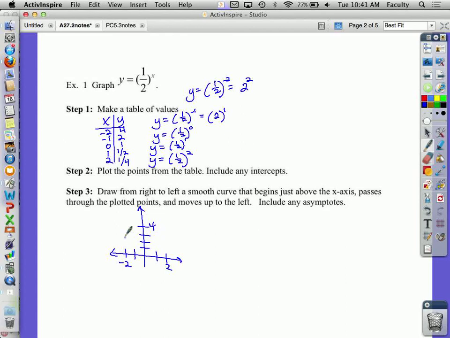So let's plot this. I have -2, 4; -1, 2; 0, 1; 1, 1/2; 2, 1/4.